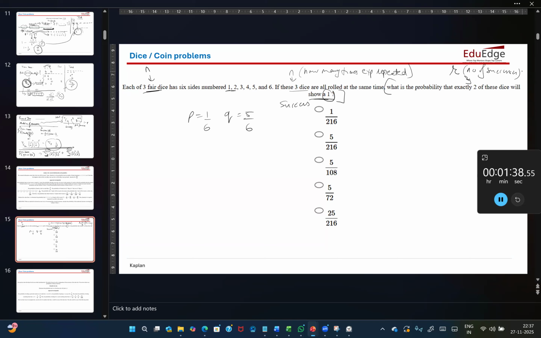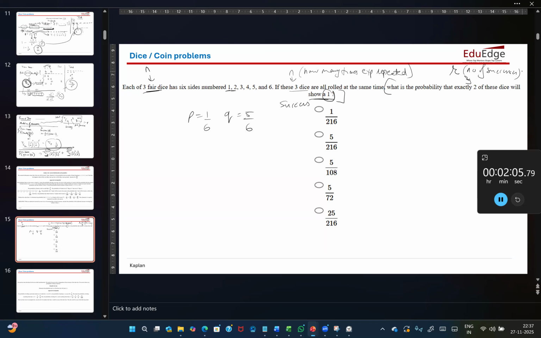And Q is 5 by 6. N was what? 3. 2 minus 2, so 3 minus 2. So 5 by 36 into 3, which is 5 by 72.